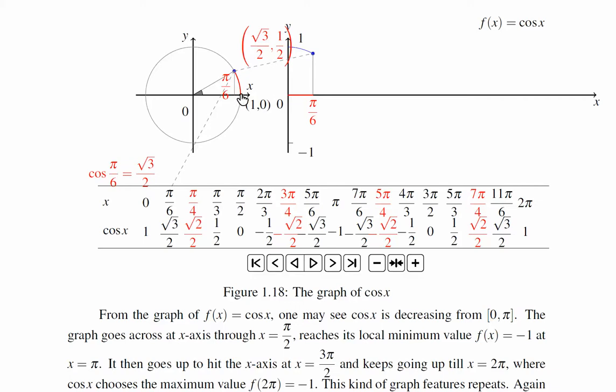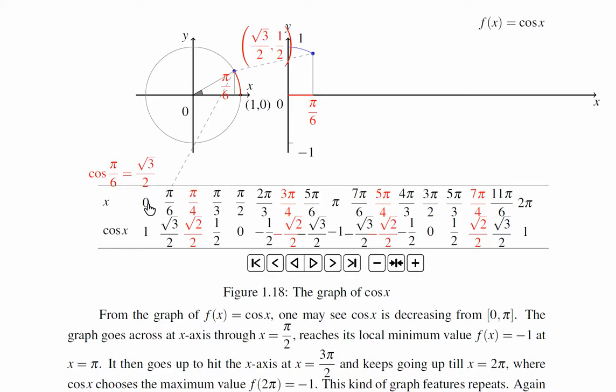Actually, there is one more point right here when x is 0. So 0 degrees. When x is 0 degrees it is this point. The x-coordinate is 1, from 0 to 1. Then we know cosine 0 is 1.